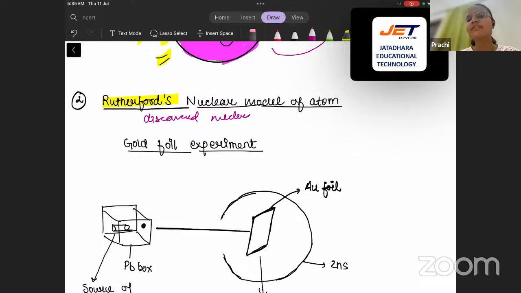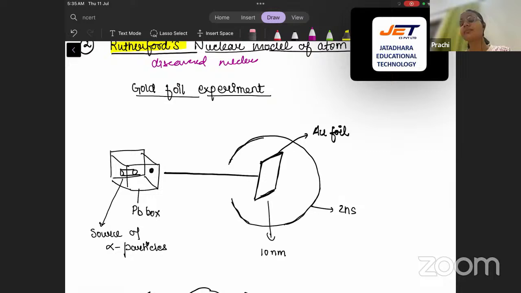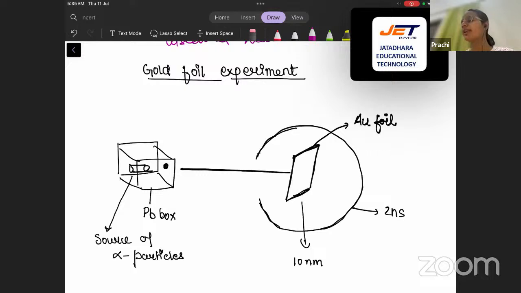So now here we will be looking at a very famous experiment, which is the gold foil experiment, because of which we were able to know that the atom consists of a nucleus. So are you ready to understand this experiment?